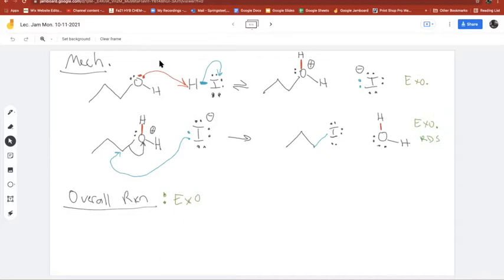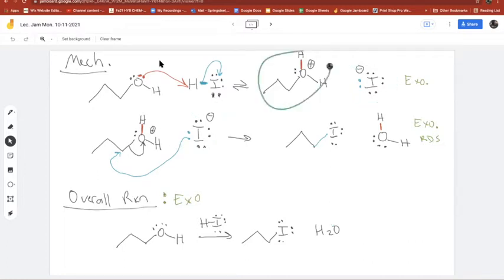Now the overall reaction will be the alcohol reacting with the HI, the hydroiodic acid, to produce the alkyl iodide and water. So you can see the overall reaction eliminates the I- intermediate and the protonated alcohol intermediate, like they just cancel each other out. These two make those two.